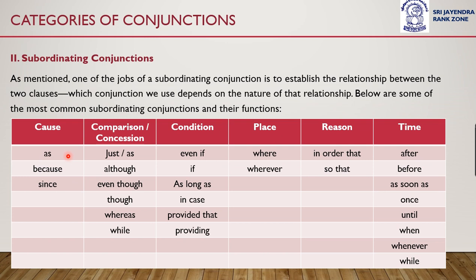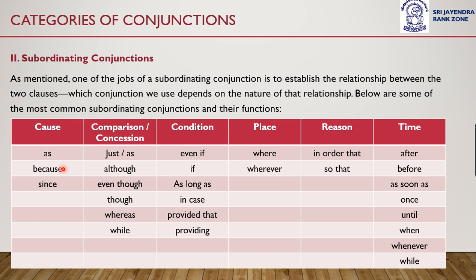Like, I went to the supermarket because I wanted to buy a game. All right, so it is showing the cause and effect relationship. Therefore we will use these three subordinating conjunctions.